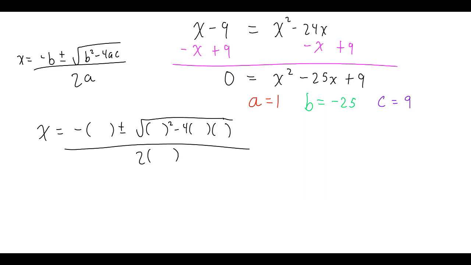Okay, so let's see, a is 1, a goes here and here. B is negative 25, so I'll put that here and here. And then c is 9, goes there.